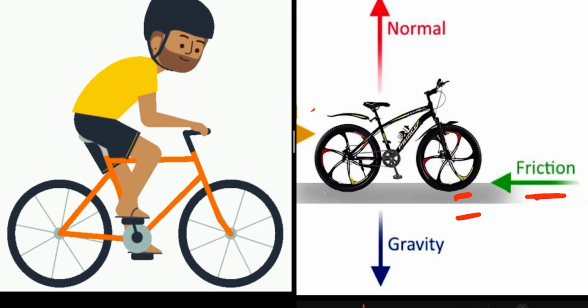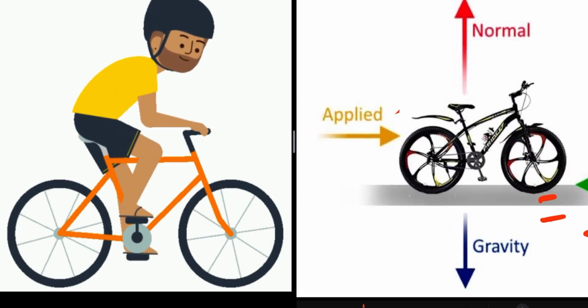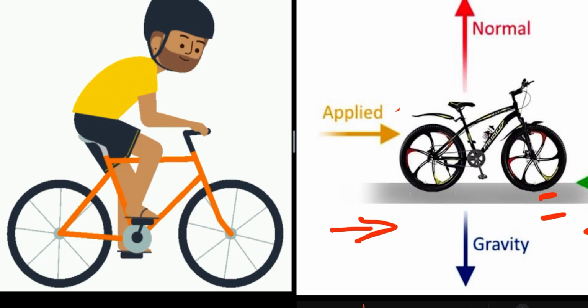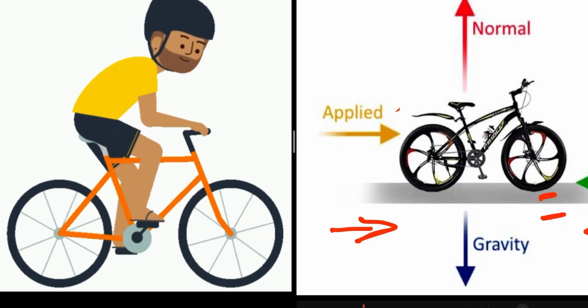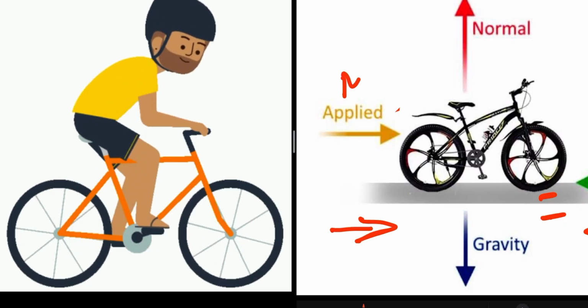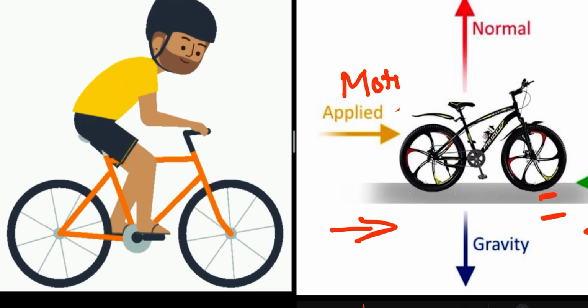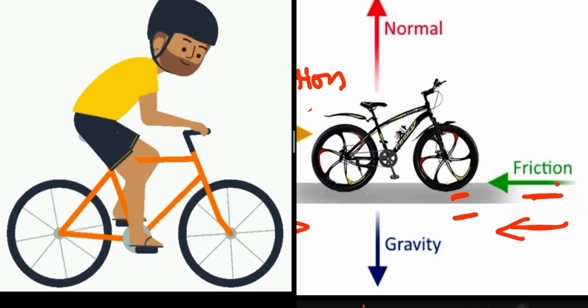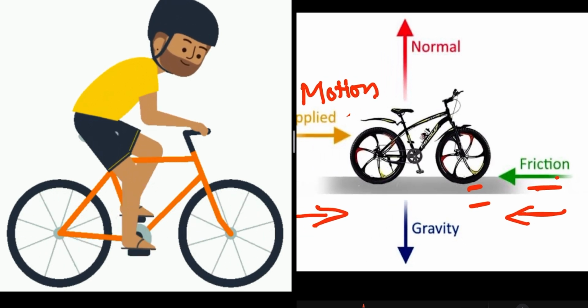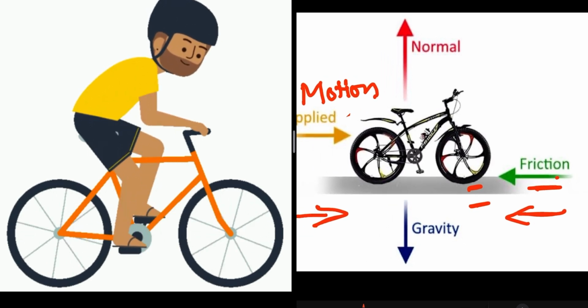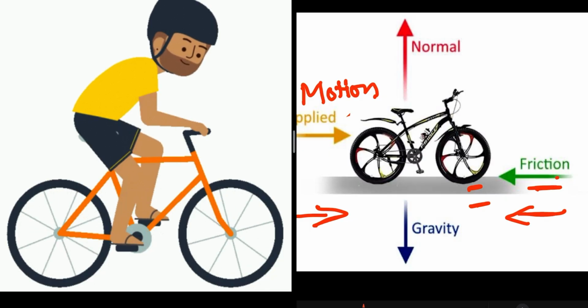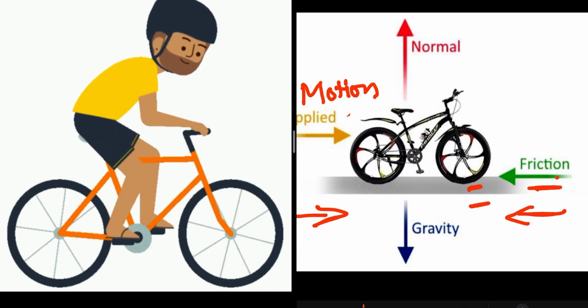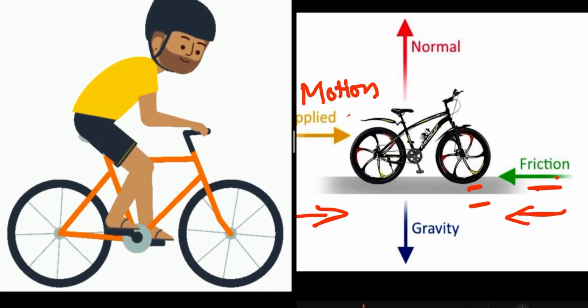As you can see in this arrow, the direction is always opposite to the direction of the applied force. Applied force is the direction in which the cycle is moving. That is the direction of the motion. So the direction of the friction will be opposite to the direction of the motion, and this friction force will try to stop the motion of the bicycle.